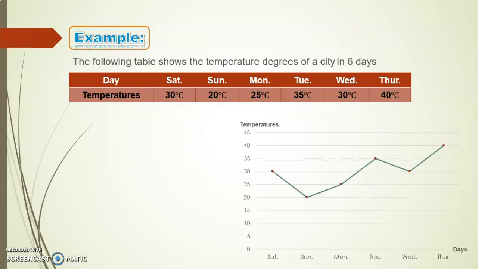This is our graph, the broken graph. We have 2 axes, the horizontal axis for the days. We write the days as on the table: Saturday, Sunday, Monday, Tuesday, Wednesday, Thursday. And on the vertical axis, we write the values of the temperature. We always start from 0. Here we noted that the numbers are 0, 5, 10, 15, 20, 25, 30, 35, 40, 45.